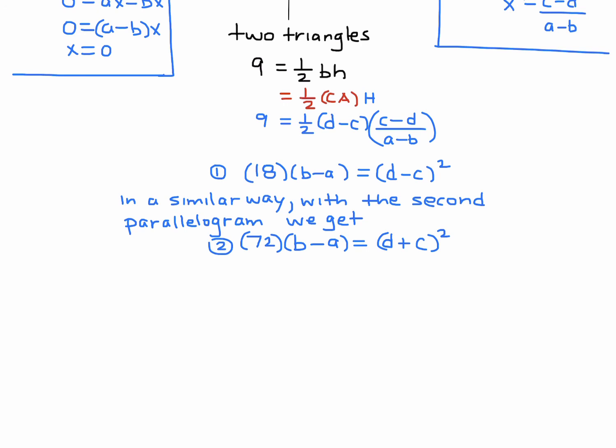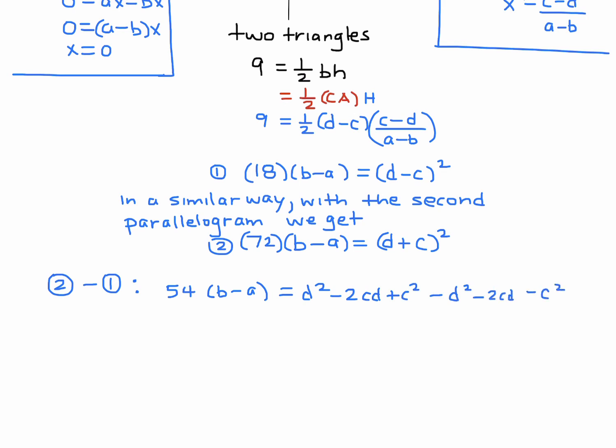Now we have to combine these. Equation 2 minus equation 1 will give you the following result. It will give you 54(b minus a). And on the right side, we'll expand this out. D squared minus 2cd plus c squared minus d squared minus 2cd minus c squared.